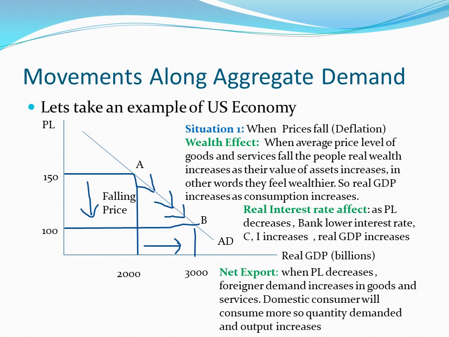So when the bank lowers the interest rate, overall consumption and investment increase. This means the real GDP increases from 2000 to 3000.